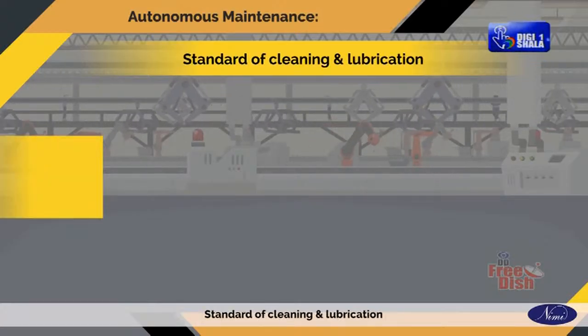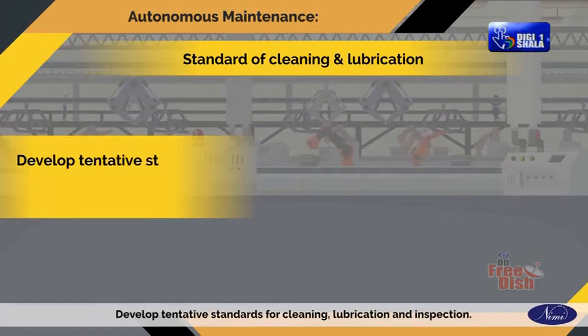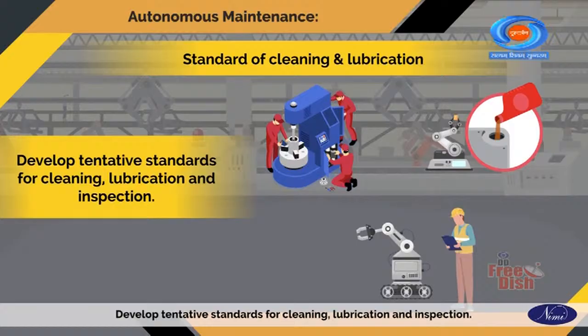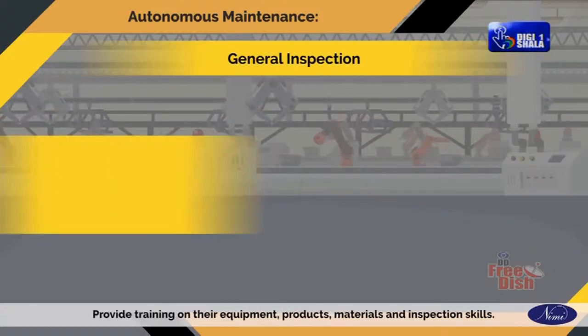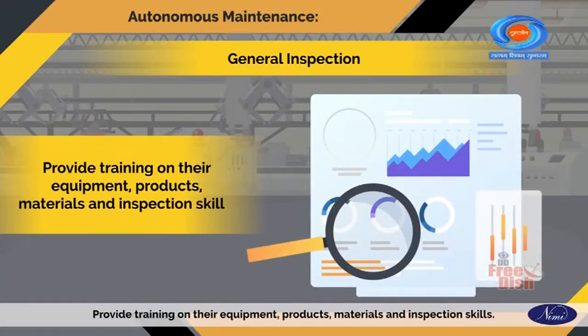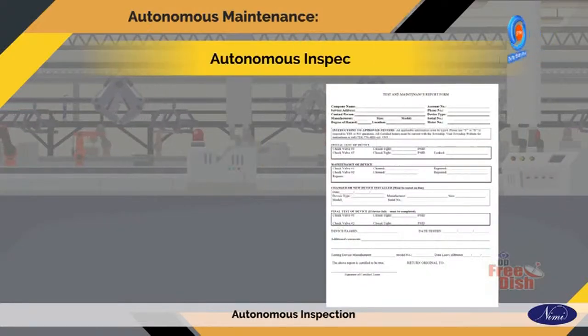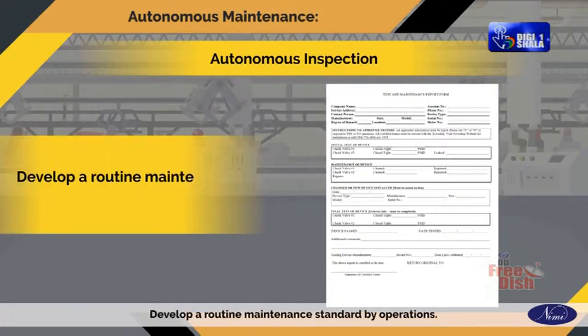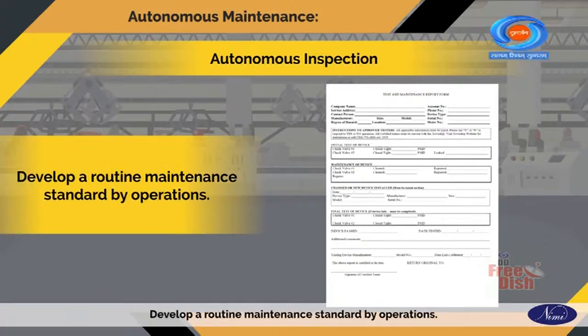Standard of cleaning and lubrication: develop tentative standards for cleaning, lubrication and inspection. General inspection: provide training on their equipment, products, materials and inspection skills. Autonomous inspection: develop a routine maintenance standard by operations.